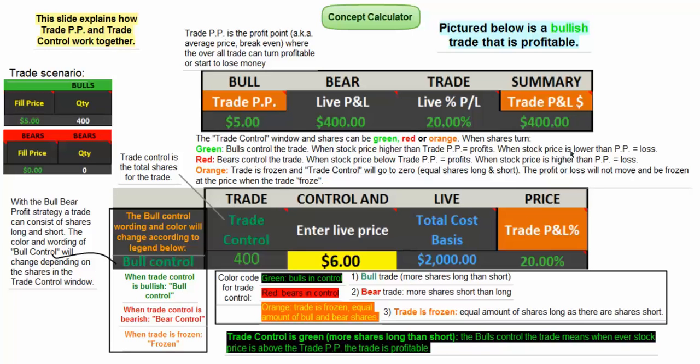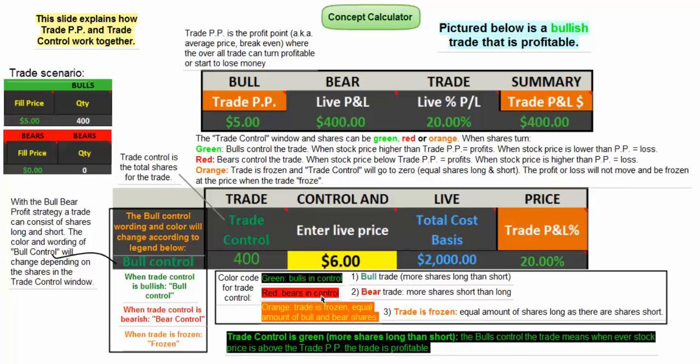When the stock price is lower than the profit point, that's going to be a loss. When this window turns red, the bears control the trade. So when the stock price goes below the trade profit point, that's going to be profitable if it was red. You can also note down here the color code for the trade control window.